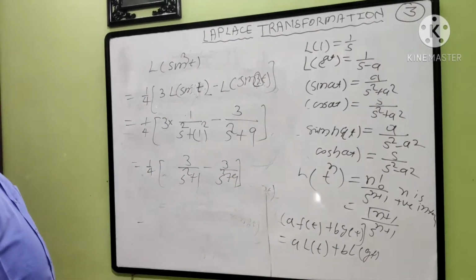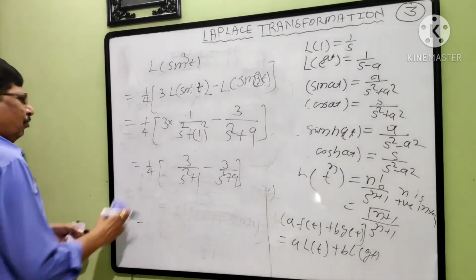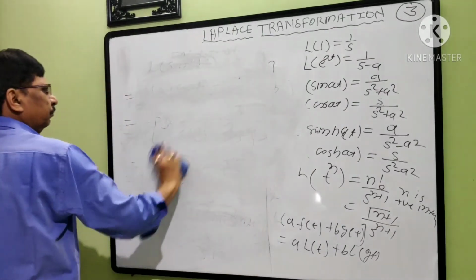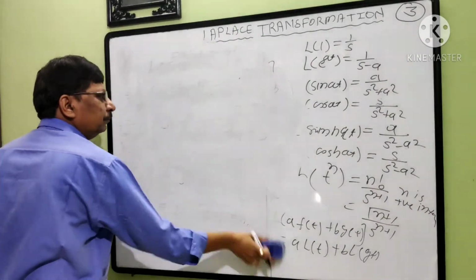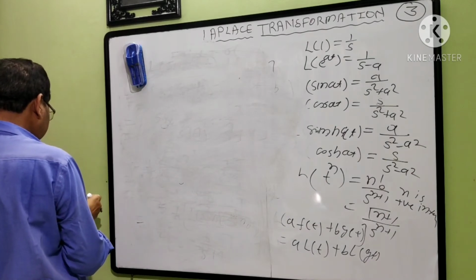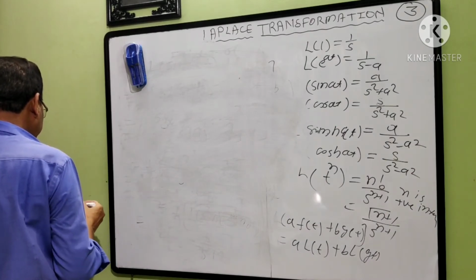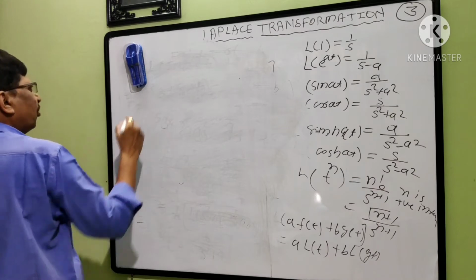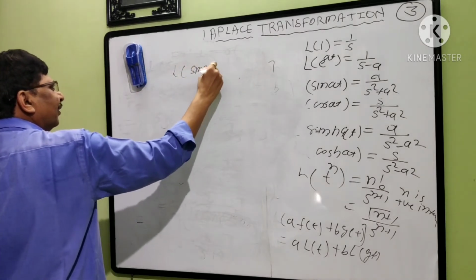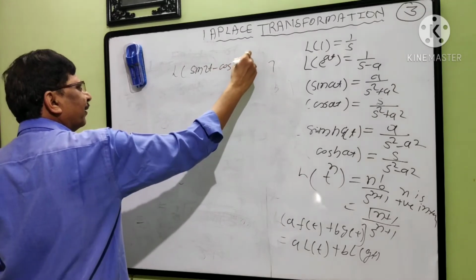Now write another problem from your book: (sin 2t minus cos 2t) whole square.